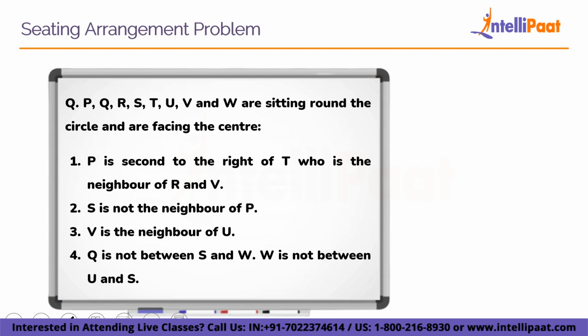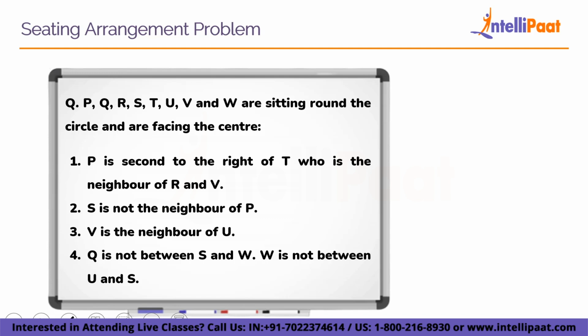Now let's jump on to our next question, and our question here is: P, Q, R, S, T, U, V and W are sitting round a circle and are facing the center. So in this question, P, Q, R, S, T, U, V, W are sitting in a round circle, right? So here our sitting arrangement will be in a circular form.